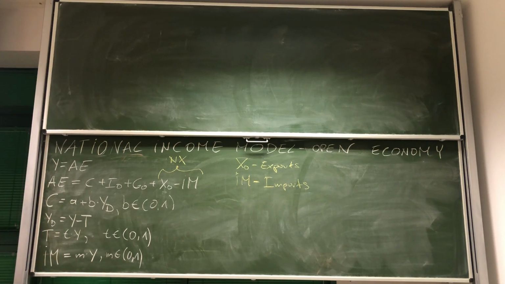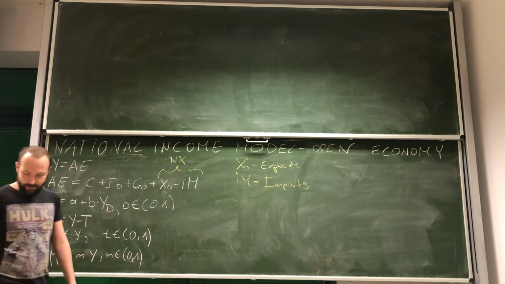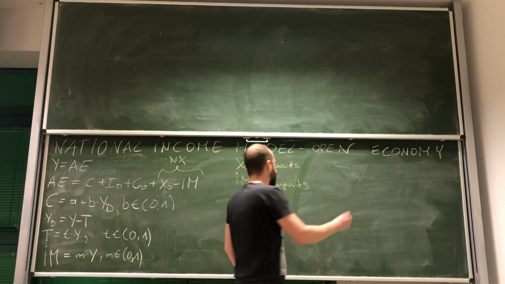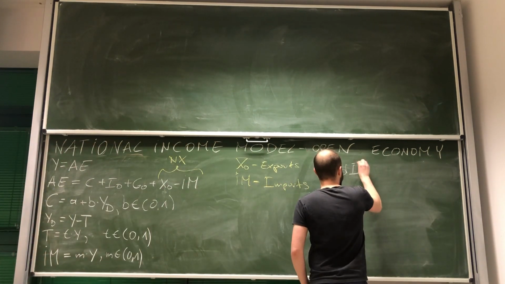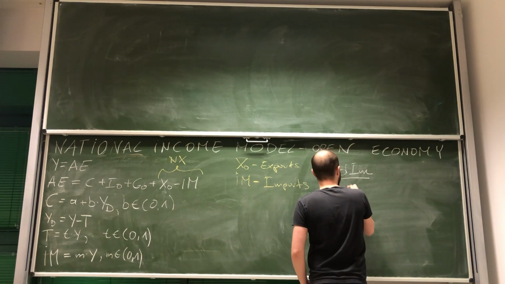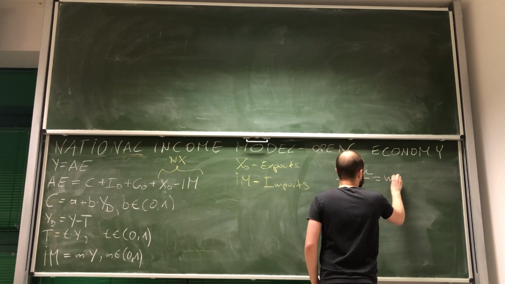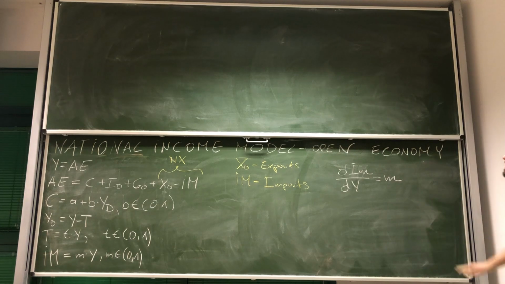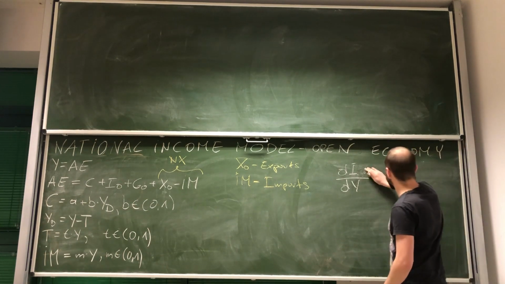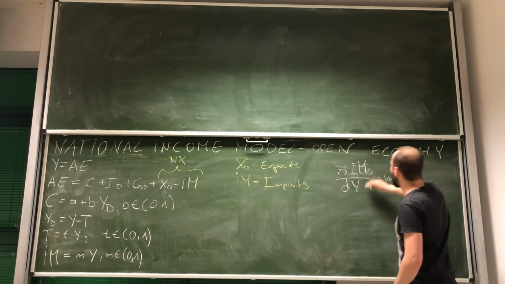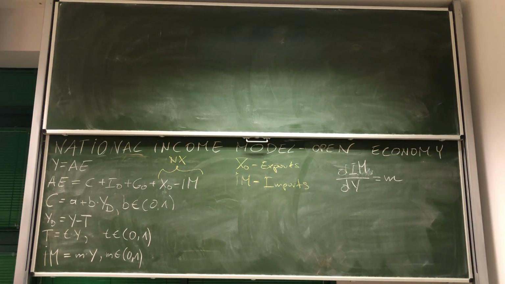And we've got a new parameter in this equation. This is m. M is, of course, the derivative of imports with respect to income. So it tells us by how much imports are going to rise if our income increases by 1 unit.